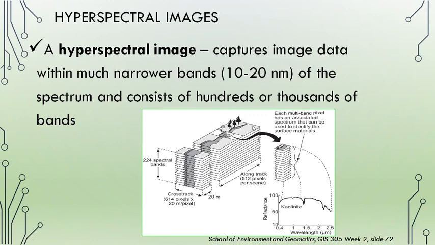So if, for instance, you have a target for which you have all these finely detailed, narrowly defined bands of information that your sensor is sensitive to, then you can recreate a curve where, for each little narrow bit of this wavelength spectrum, you have a signal of reflectance. And if you put all these data points one behind the other, you're going to define a curve, right? And this is often very diagnostic for things like given minerals. It's a highly diagnostic tool, and this is often used in remote sensing.